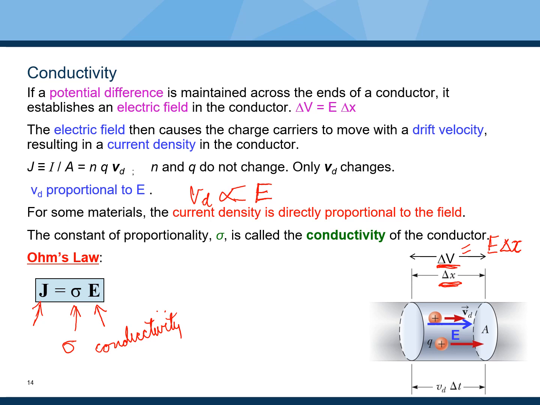So if you put the same amount of external electric field on copper, it will produce a larger current density because the conductivity of copper is higher. If you put the same amount of electric field on a similar chunk of iron, it will produce a smaller current density, because the conductivity of iron is in fact smaller than the conductivity of copper.